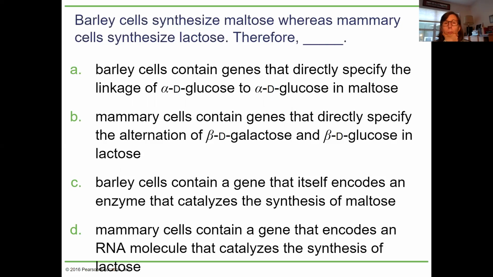Well, they're telling you that both of these, maltose and lactose, are enzymes. So it's going to be an enzyme that specifies the linkage.